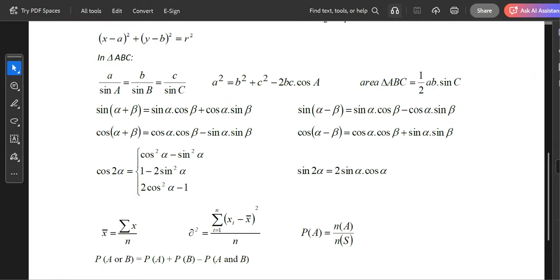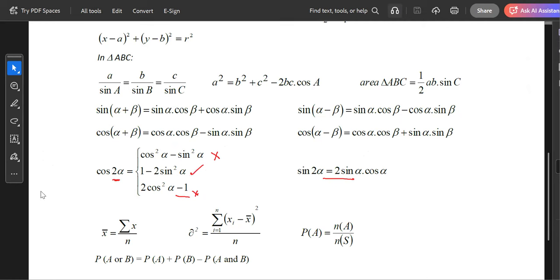The cos of 2 alpha gives us 3 identities. This one, there's a subtraction of terms, so we can even ignore it. The second one has got a sine squared, which can be related somewhere in terms of a sine back here. The third one, a cos, it's going to be difficult for us to relate it. So I'm just going to work with the second one.